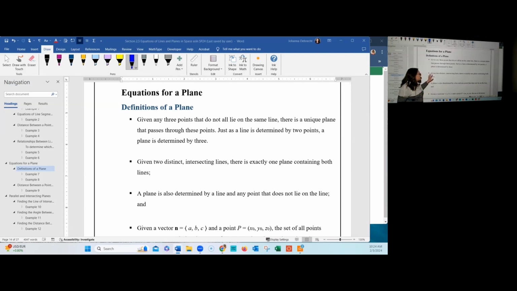Given 2 distinct intersecting lines, so this would be not skew lines, which we talked about previously, but lines that touch, there is exactly one plane, one unique plane that contains both lines. I like to think of this as maybe the spinner on a game. So you know how you thump the spinner, it goes around and selects a number.